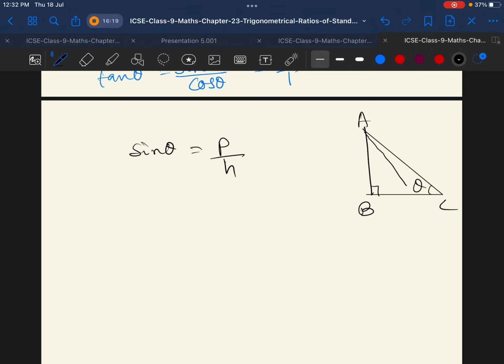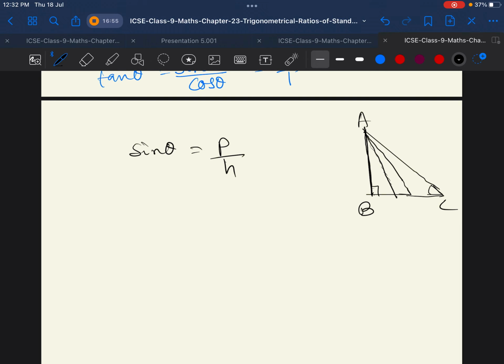If we go on, this will be the last hypotenuse, AB.